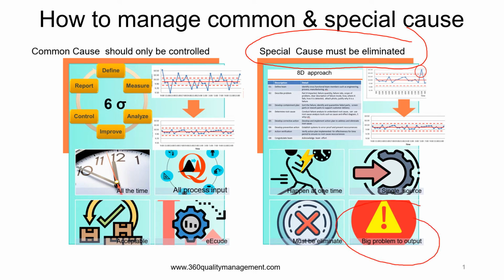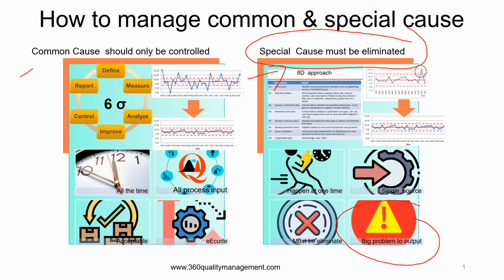It can be eliminated through a systematic approach of 8-discipline problem solving, which starts from describing and analyzing the problem, identifying its root cause, establishing an action plan to eliminate the root cause, and preventive action to prevent the problem from occurring.